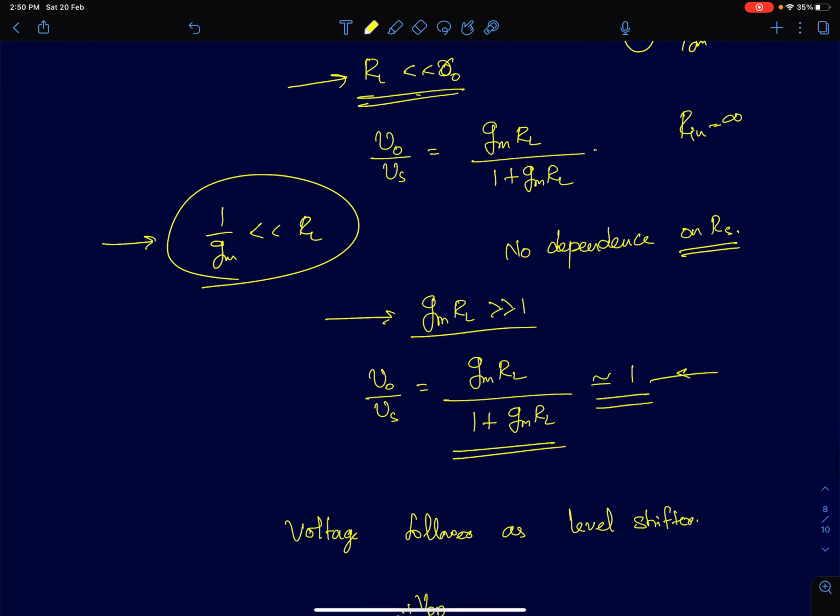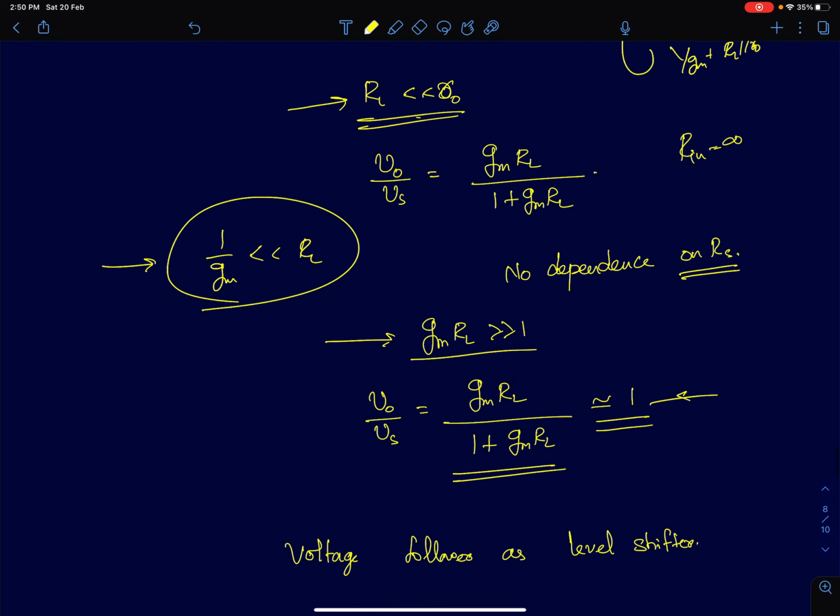So that's the other important thing I wanted to stress: for a voltage follower, if you want its output voltage to be independent of the load resistance, then you should ensure that for all the range of load resistance that you're going to connect to the amplifier, your RL is always greater than 1 by Gm. Then the gain will be very close to 1.